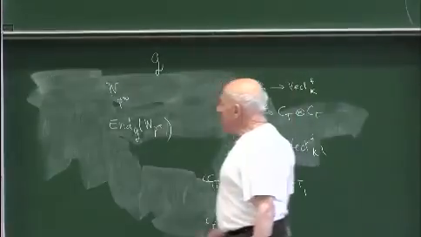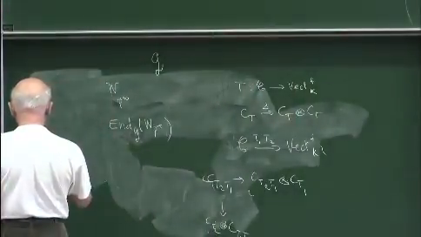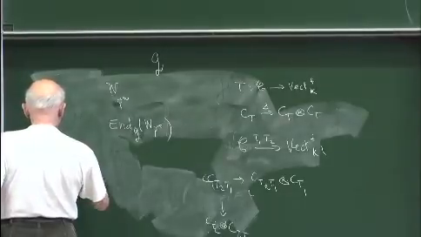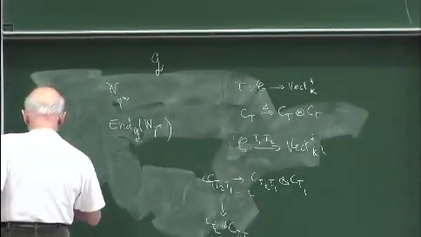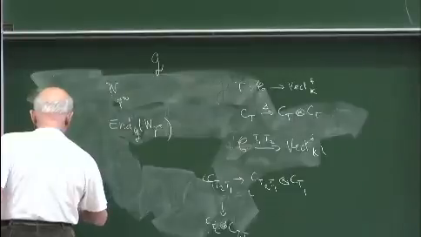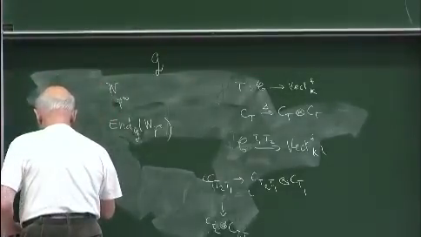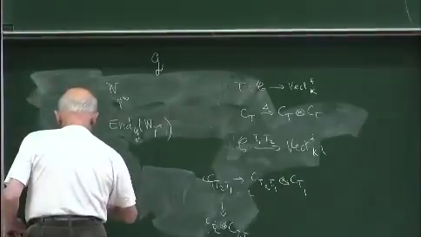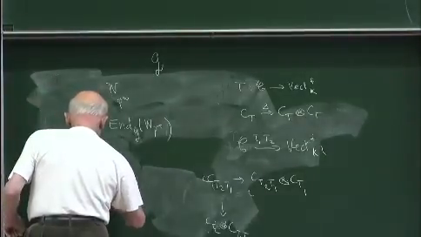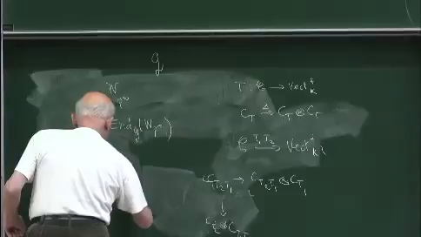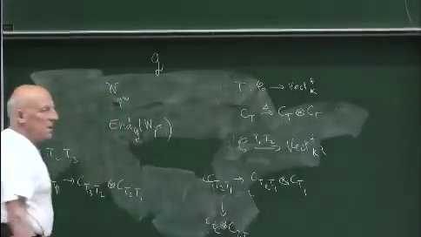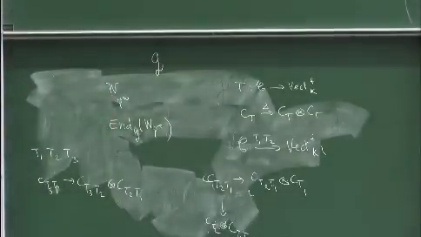Furthermore, if you have three functors, T1, T2, T3, you have a coproduct which brings you C_{T3,T1} into C_{T3,T2} tensor C_{T2,T1}. It's dual to a composition.